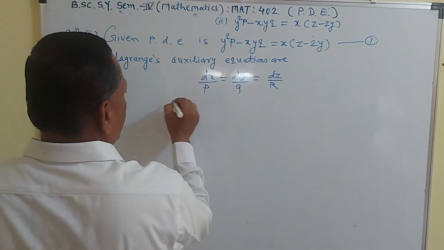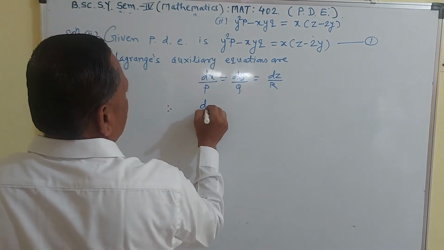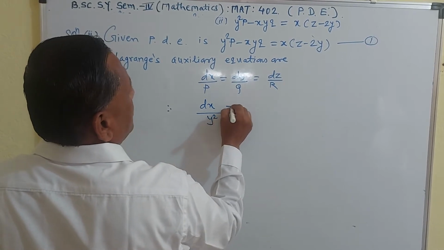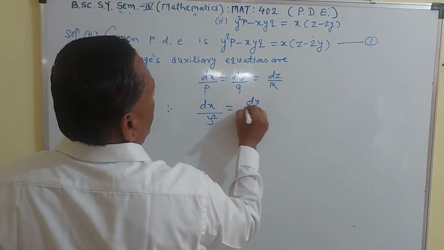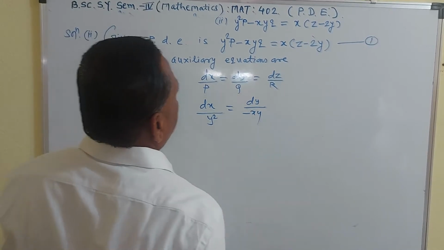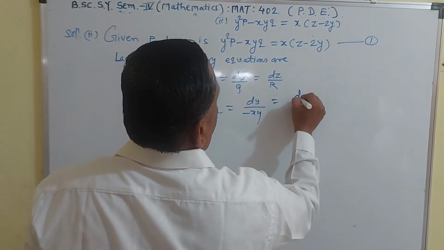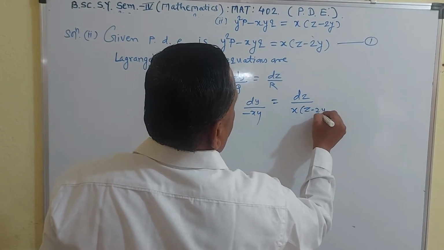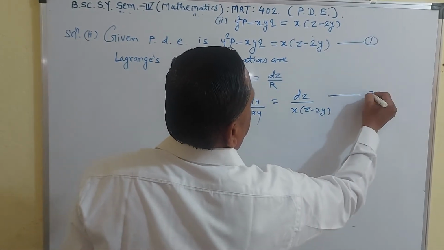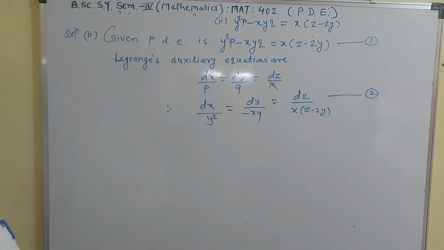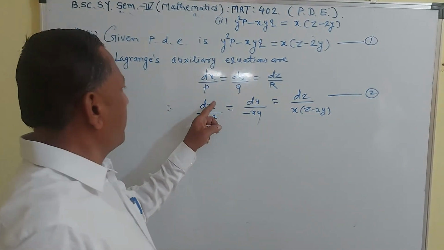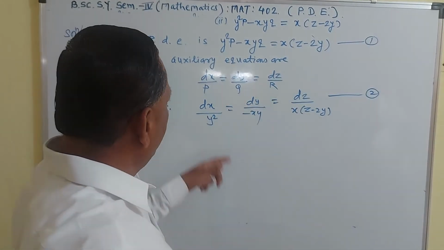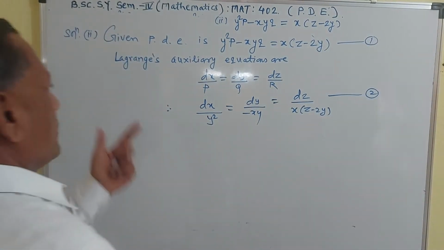Here P means y², therefore dx/y² = dy/(−xy) = dz/(x(z − 2y)), number 2. Same here, we can use the first two fractions, or the first and third, or the second and third.